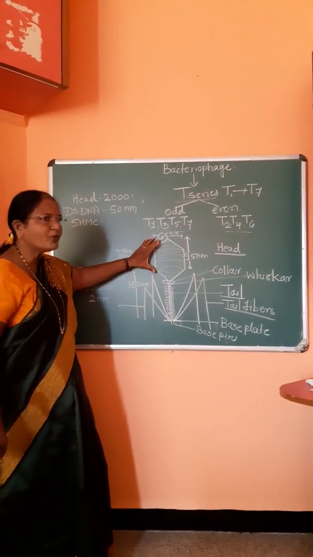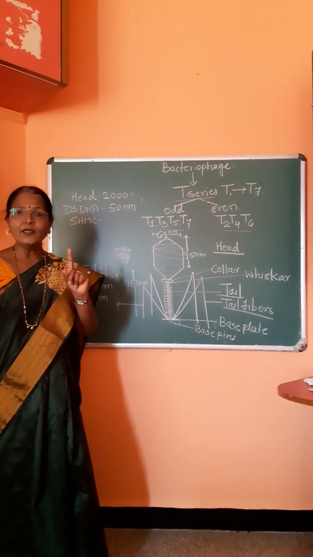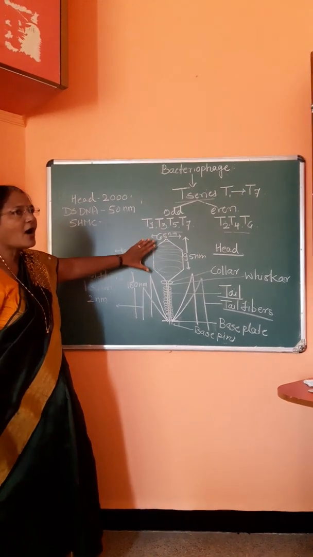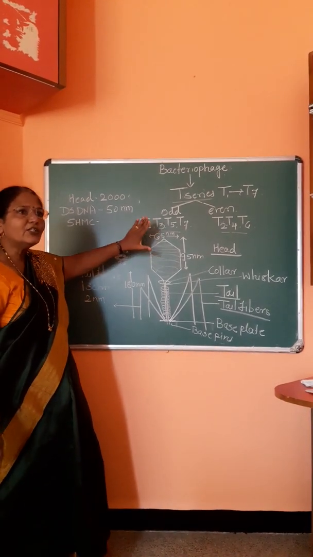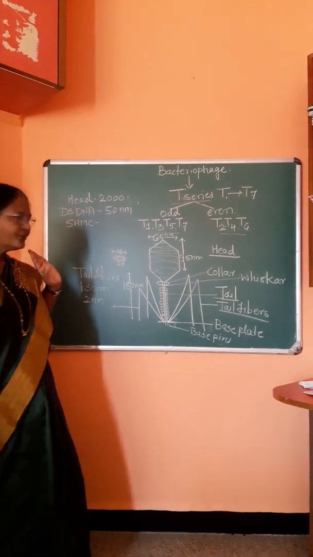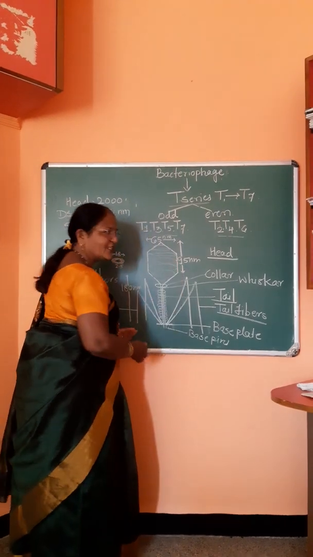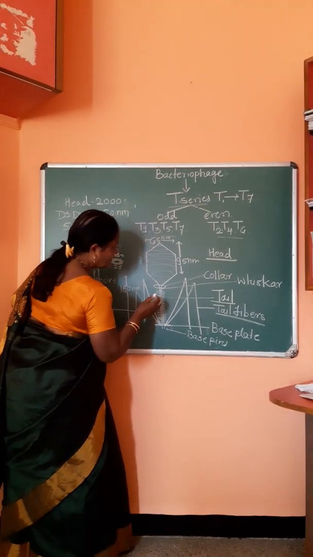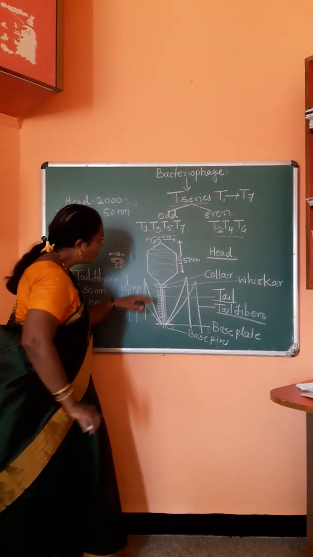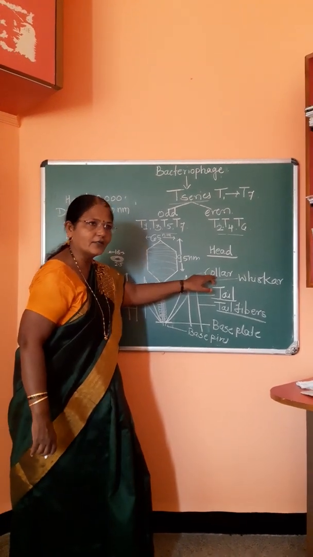Such a head is made from 2000 identical capsomers. 2000 identical capsomers are used to construct that icosahedral head. Compared to the rest of the body, the head is very large in size, and just below the head, at the base of the head, a proteinaceous plate is present, that is called a collar.